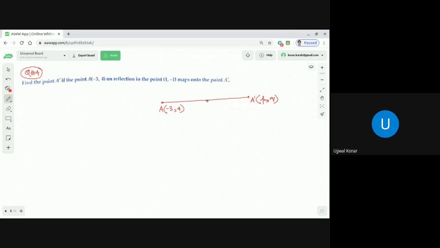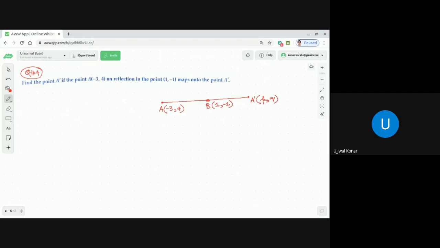And the point A dash is obtained as a reflection of the point A in the point, suppose we consider this is the point B, and the coordinate of the point B is 1, minus 1. So then clearly the point B is the midpoint of A and A dash.